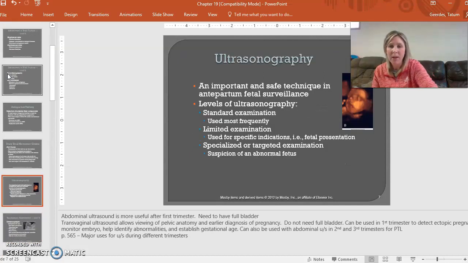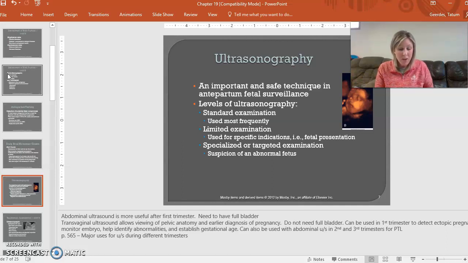All right, let's move on and we'll talk about ultrasonography. So this uses sound waves to produce a picture. So this is safe and it's one of the most important surveillance techniques that we use today to detect any complications.